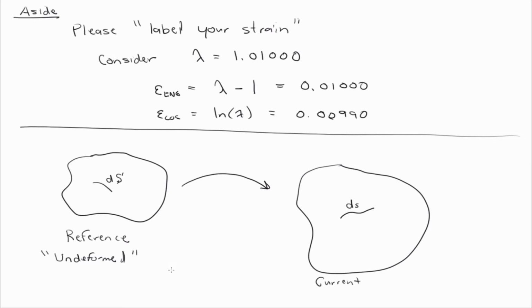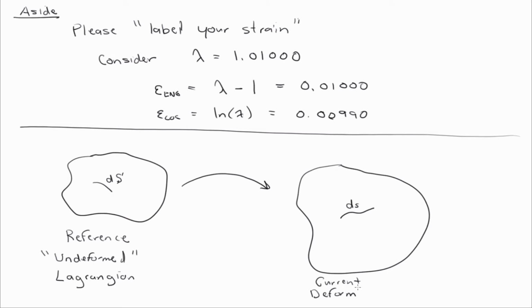Okay? So we want to track these line segments as they deform. And you'll also hear, again, Lagrangian for the reference configuration. And over here you might hear deformed. When I say here, I mean you might see this in literature.